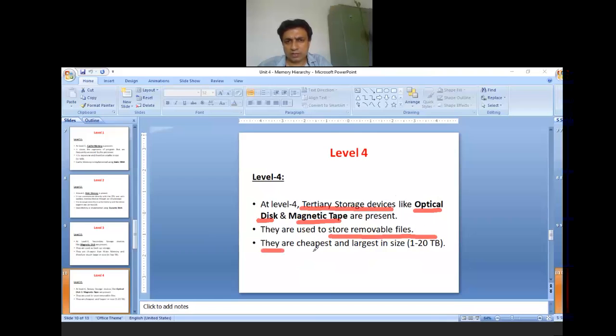They are the cheapest and largest in size. Its size ranges from 1 to 20 terabytes. Basically, it has a very large size, but it is the cheapest in terms of cost. These are the four levels which we already discussed diagrammatically in the previous slides.